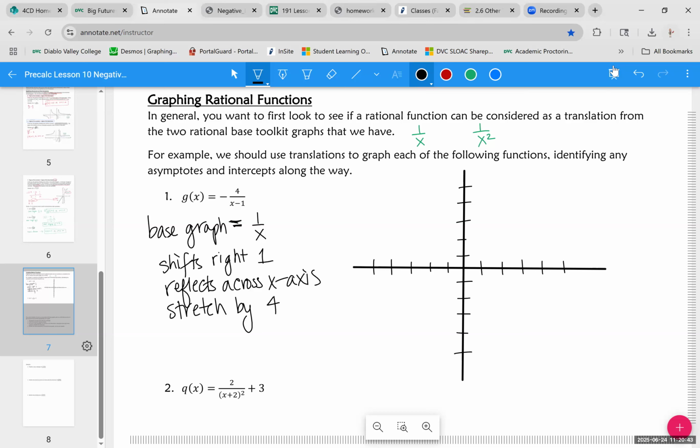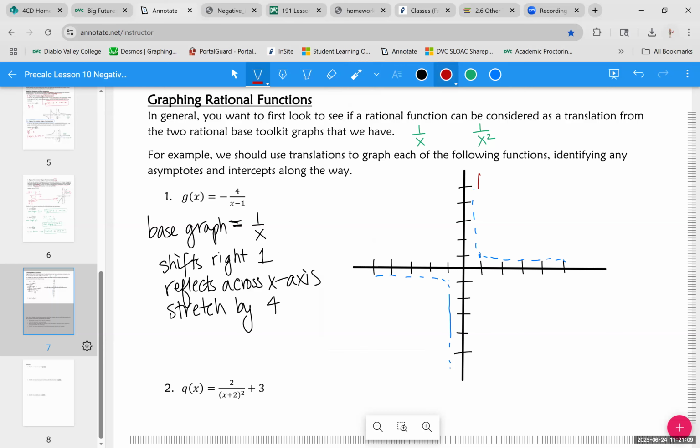So remember, my original 1 over x goes through this point (1, 1), and then I'm going to draw it in sort of dotted, and (-1, -1), and does this. If I'm going to shift it 1 to the right, the best thing to do is to shift the vertical asymptote. So now, instead of here at 0, it's going to be here at 1.